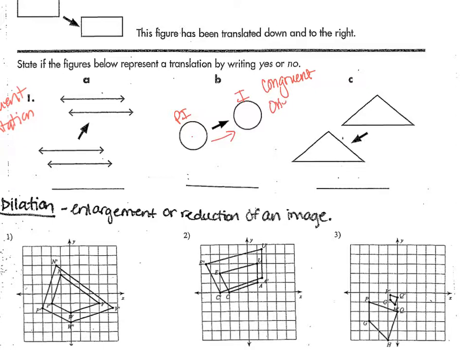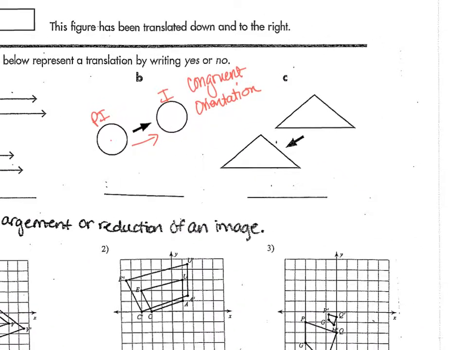So we're going to say the orientation is the same, even though it's a circle and it's really kind of hard to tell. C, same thing. The size doesn't change from pre-image to image, so that means it's congruent. And it's still facing the same direction, so the orientation stays the same.